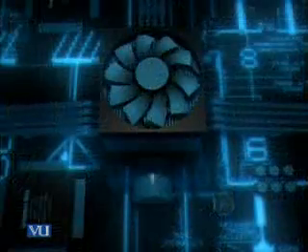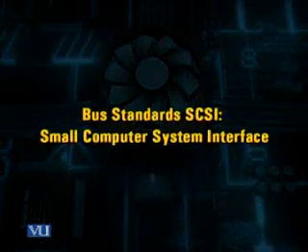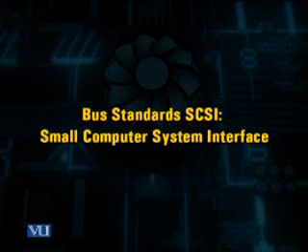Now, with this much discussion about the bus arbitration protocols and the bus design decisions, let us have a look into the bus standards. There are a number of bus standards which are in use at the moment. The most commonly used bus standard is known as the SCSI bus standard, where SCSI stands for Small Computer System Interface.